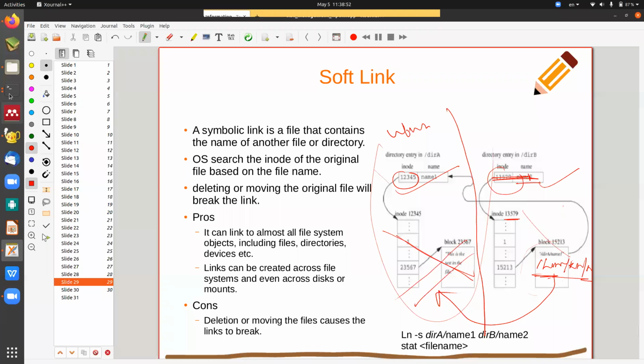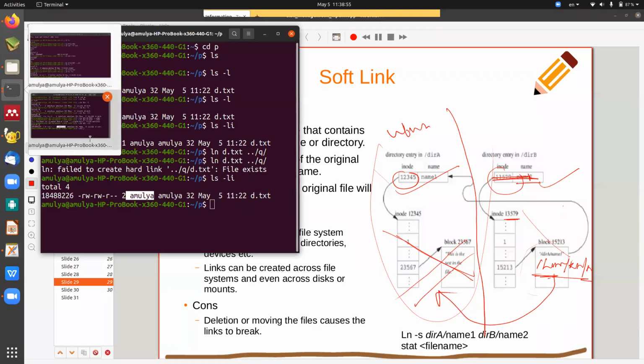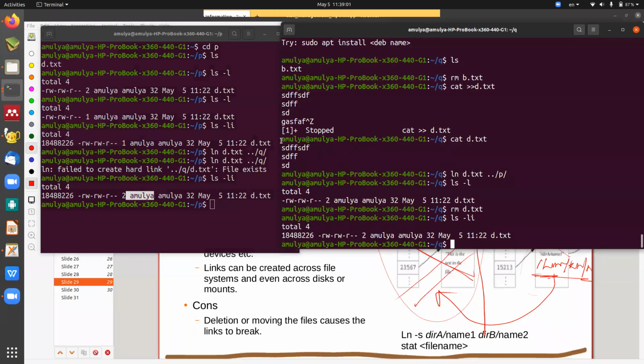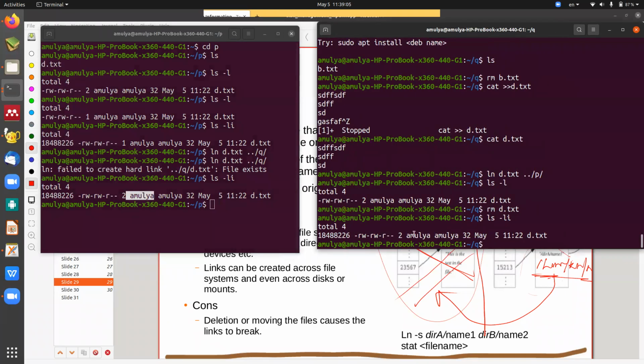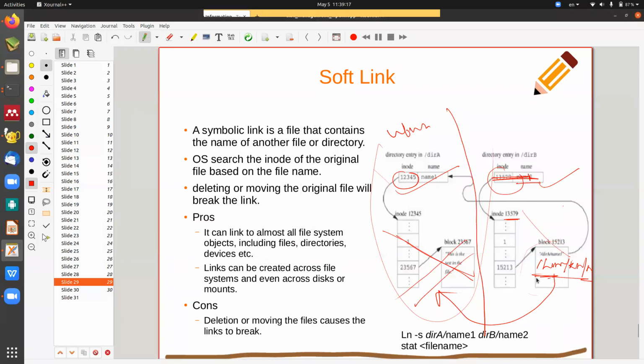That only I am saying. Sir, why doesn't he delete it? Why doesn't he delete the soft link then? The soft link? Yes sir, because if it is not there, no, because in case of a soft link, this person has no idea.